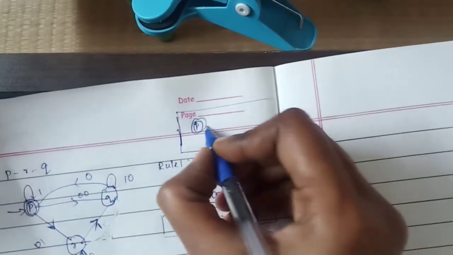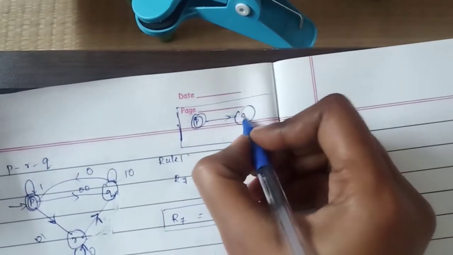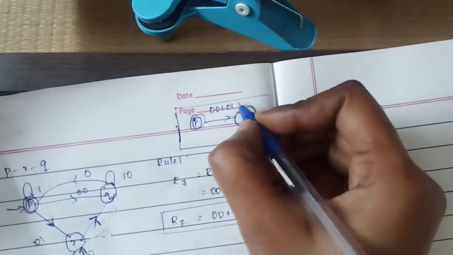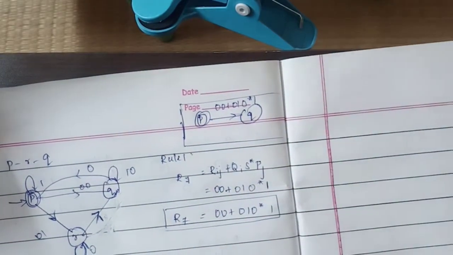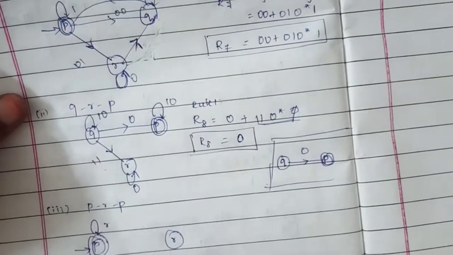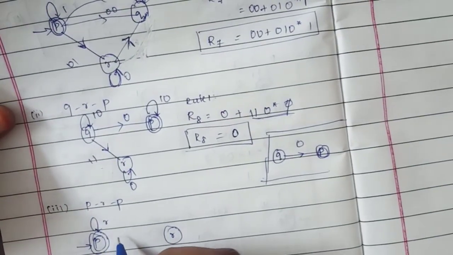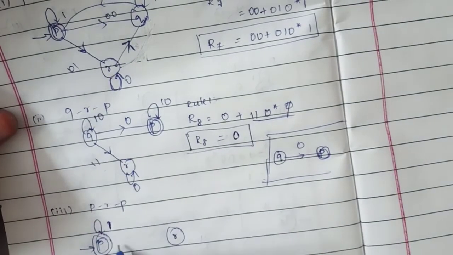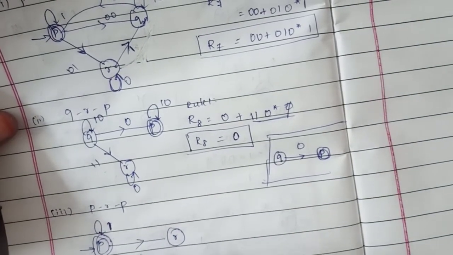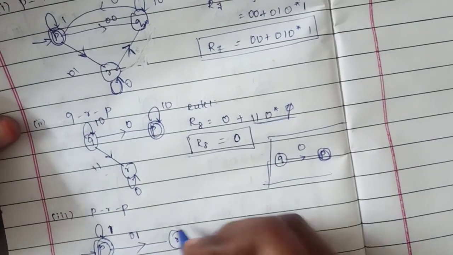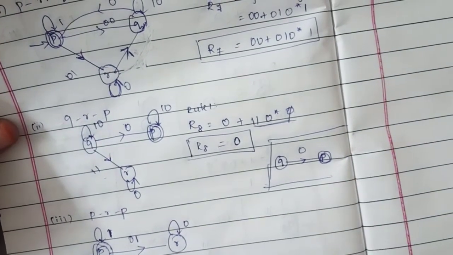So P to Q, it is going to be 0 0 plus 0 1 0 closure 1. So this is my P to Q, and so PRP. So when you see this PRP, we'll have this is 1, and this will be R, in a sense from P to R we'll have 0 1, right? So 0 1 and R here is 1.